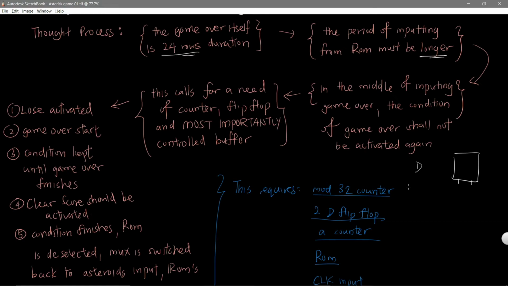So what's going to change is that when you have set on high, it's going to be 1 no matter what the other inputs are. If you have preset at high, it's going to be 0 no matter what the other inputs are. So you can use this fact to hold the information here and not let it get changed by either clock pulses or the losing condition activated a lot of times.